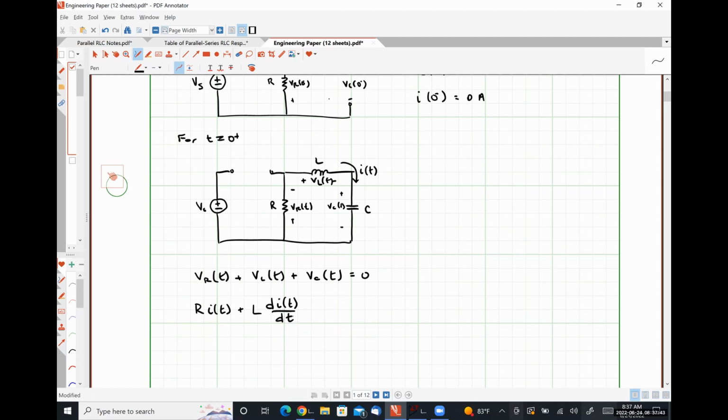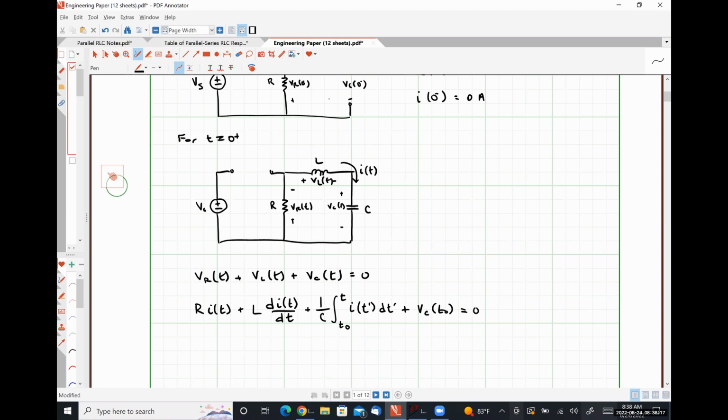And finally, our capacitor voltage is given by 1 over C times the integral from t naught to t of i of t prime dt prime plus some initial condition on the capacitor voltage VC at t naught, or 0 in our case. Set this equal to 0.